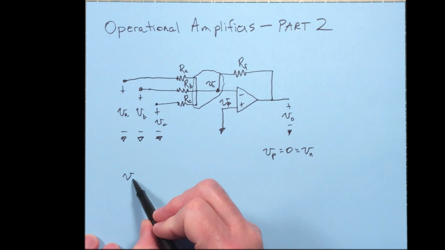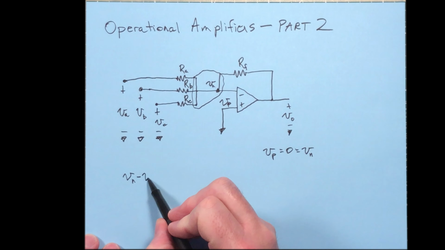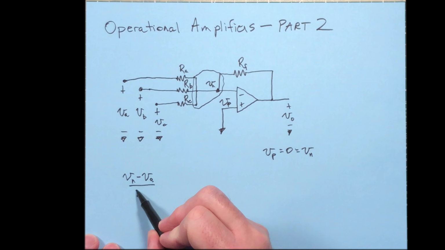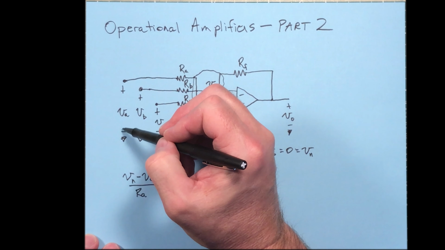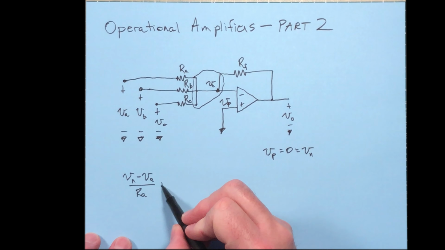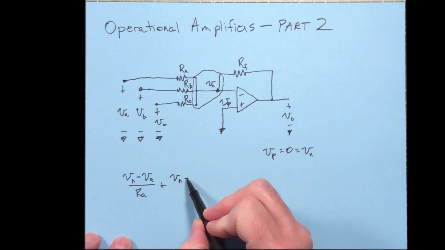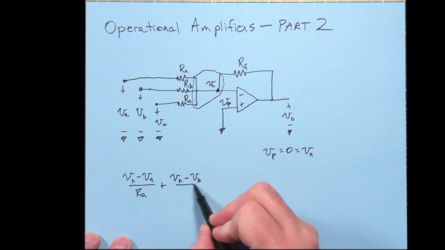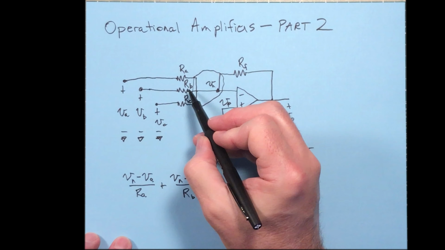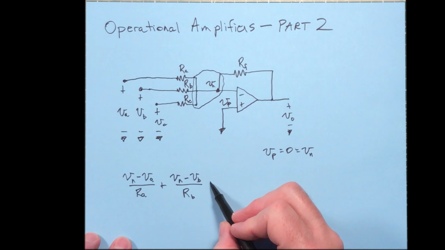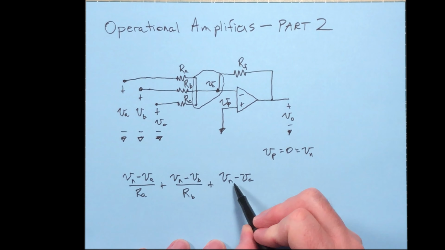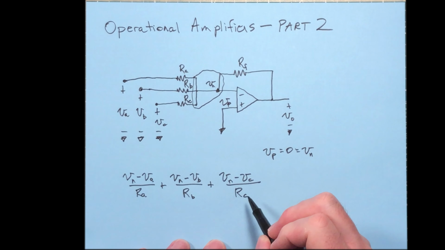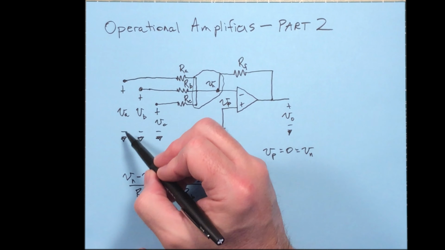We're going to have V sub N minus V sub A over R sub A. That's the current that's going through here to here, plus V sub N minus V sub B over R sub B. That's this current, plus V sub N minus V sub C over R sub C. So that takes care of all three of these currents here.